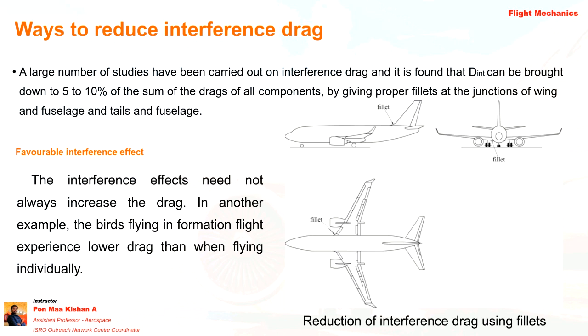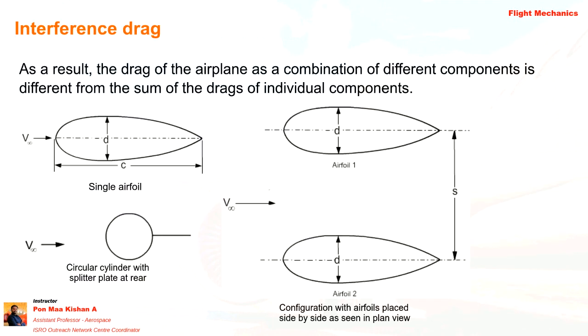So what are the ways to reduce the interference drag? There was another image in the frontal view. There is a circular cylinder, and a plate-like structure was kept at the rear end. Everyone knows how the flow will be around the circle.